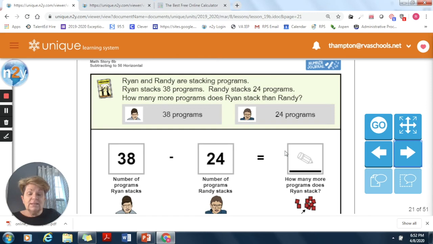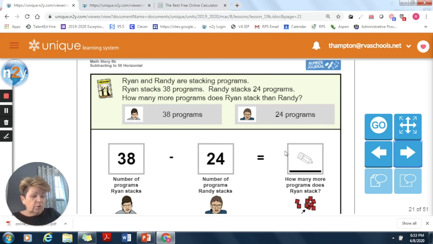Now in our tens column, we have 3 minus 2, correct? So we can just quietly put 3 fingers on the table, and we can take away 1 finger, and we know we have 2 fingers left.